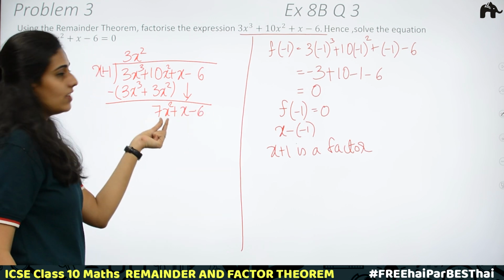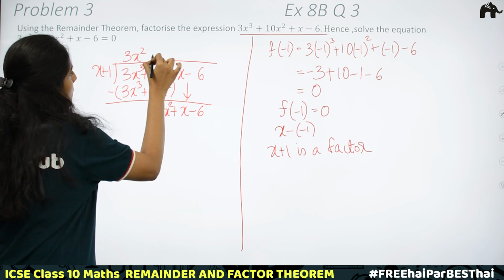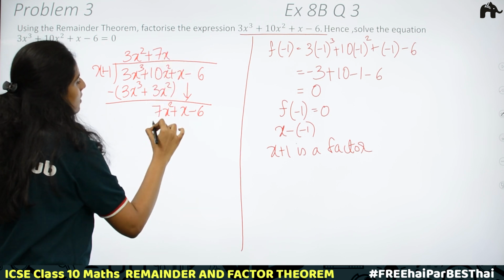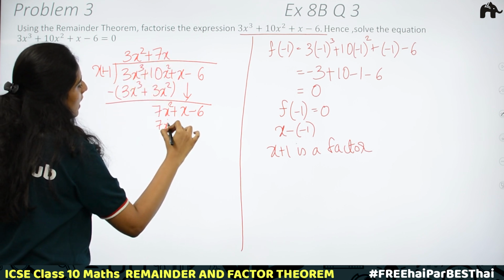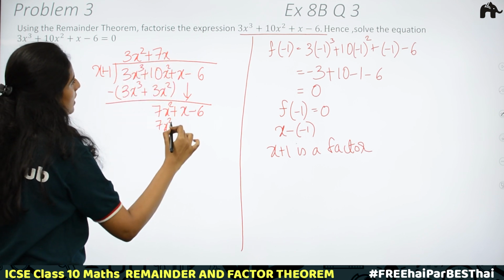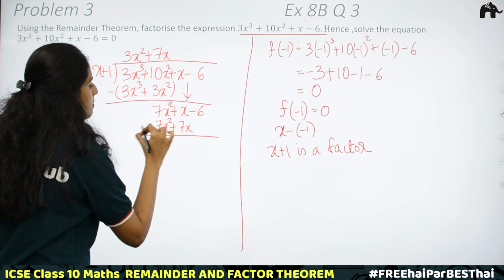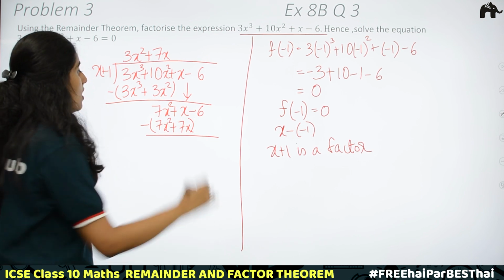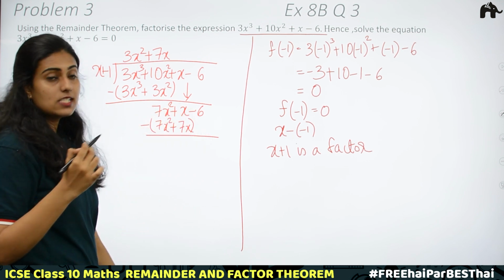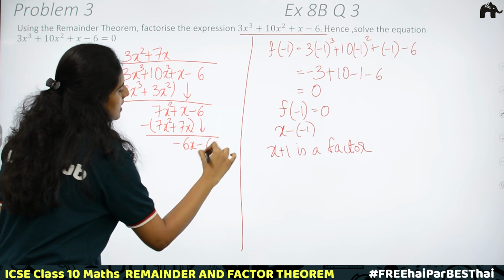Now to get 7x square, x should be multiplied with 7x plus 7x. Okay, 7x into x is 7x square. 7x into 1 is 7x. Now subtracting, we'll be getting 7x square minus 7x square is 0. X minus 7x is minus 6x. Minus 6x, taking this down, we have minus 6.